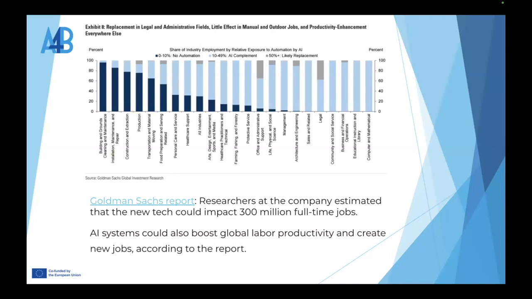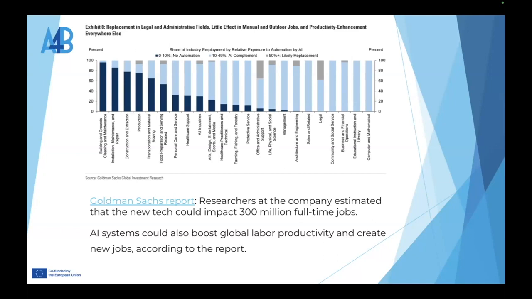There is a chart showing how jobs or fields are influenced by automation and AI. This chart is from a Goldman Sachs report, where researchers went through the topic and through the global labor market.